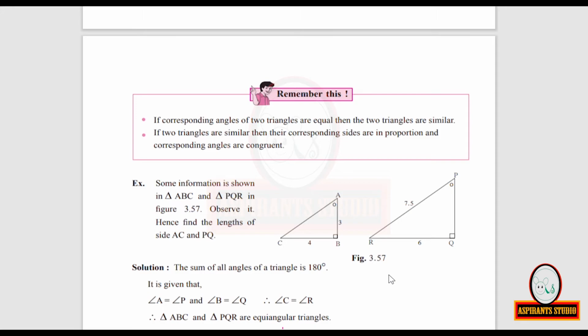So now the remaining measure, that is measure of angle C, will be equal to the remaining measure of angle R, because the other two angles are having equal measure, that is corresponding angles are having equal measures.